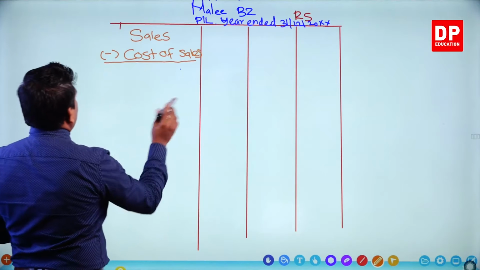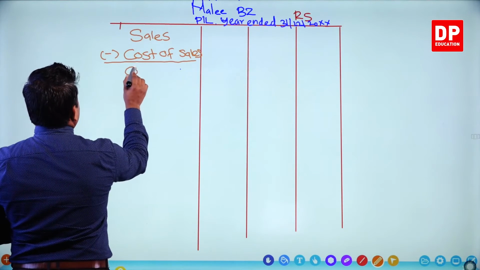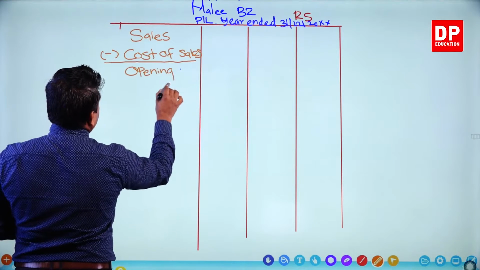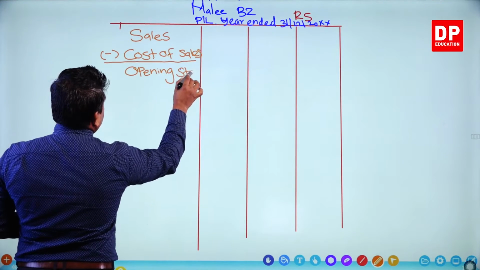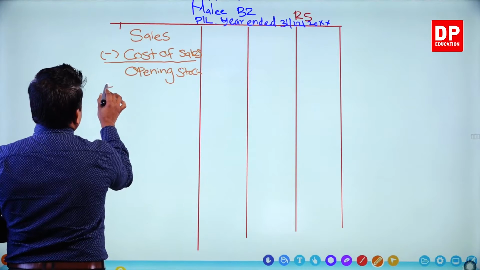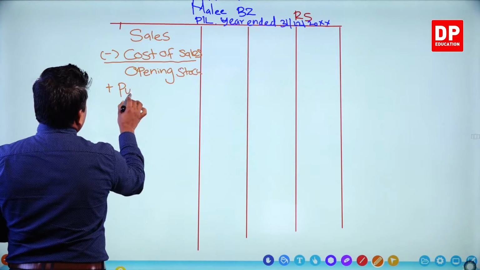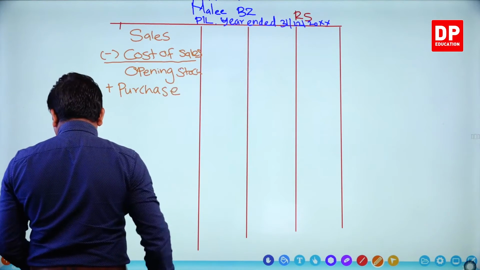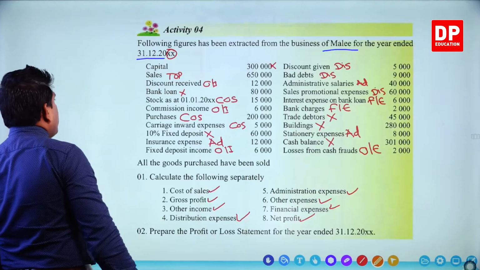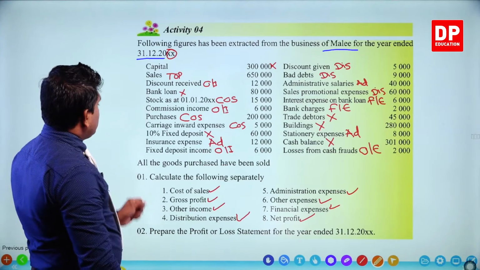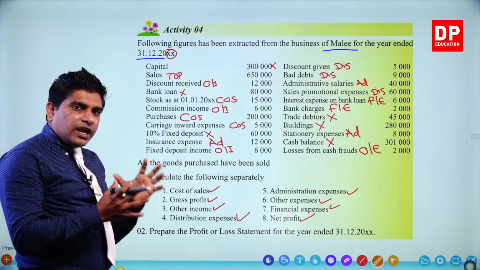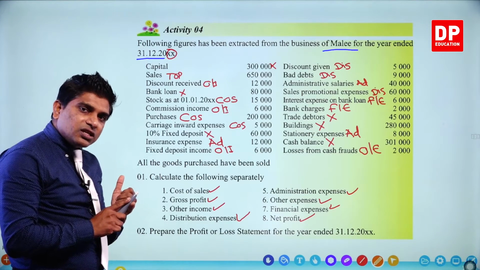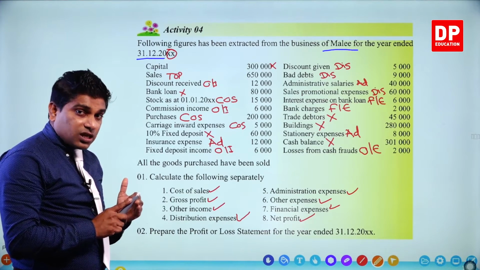Then here, don't put values, but you arrange the space: opening stock. Now what do you put here? Plus purchase. Now you check the question. You have to consider how many expenses are connected with the purchase. It means loading charges, carriage inwards, import tax.